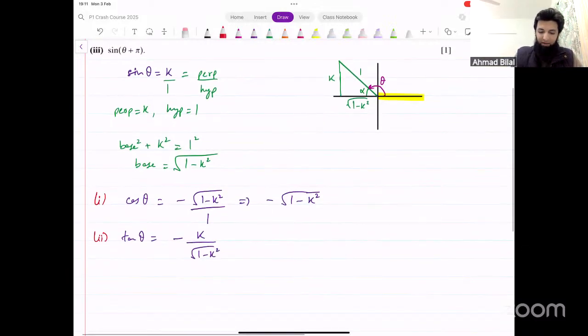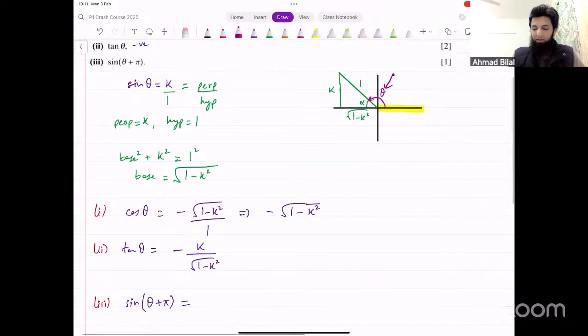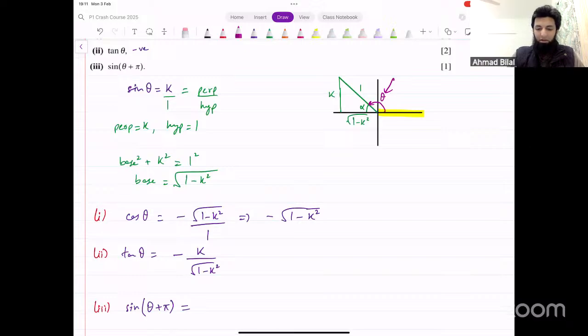And then finally, this is a tricky one. Sine of theta plus pi. How do you find this now? Sine of theta plus pi. Where is this going to be? Theta is in the second quadrant, right? It's an obtuse angle. What you're doing is you're adding pi more to that.